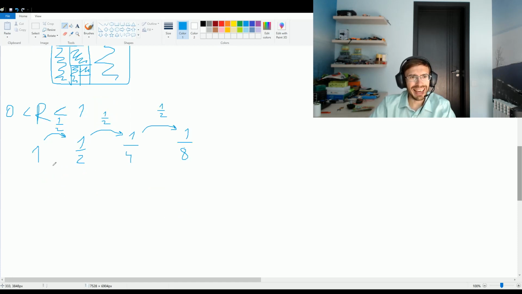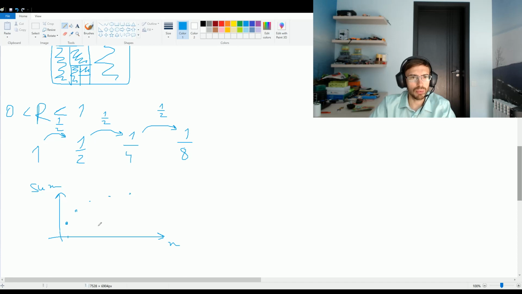So when we add them all up, the sum will grow, but it grows slower, slower, and slower, where this is the sum, and this is the actual number of members, n. The first member, number 1, will be 1. Then we add 1/2. Then we add 1/4. Then we add 1/8.